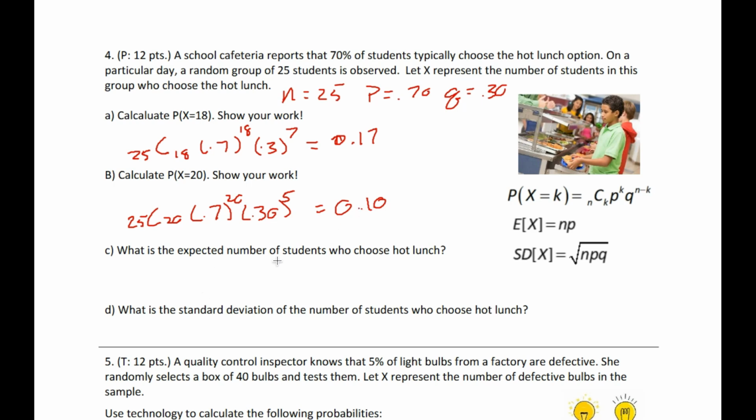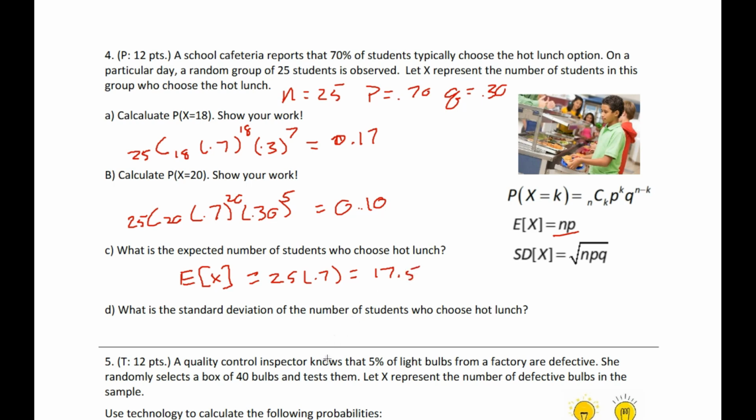What is the expected number of students who choose a hot lunch? Well, we're going to use the formula for the expected value. For a binomial model, the expected value or the expected number of successes is n times p. So this is going to be 25 times 0.7, which equals 17.5.